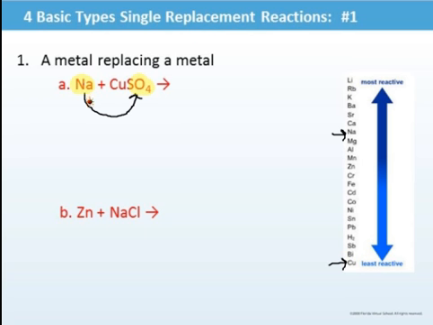Some single replacement reactions do not occur, so we have to figure that out first. Because if a reaction does not occur, there's no sense in writing our products because they don't exist. So with all single replacement reactions, and only single replacement reactions, we must look at the element that's by itself and see if it's higher on the activity series than the first element in the compound. If it is, then the reaction will occur.